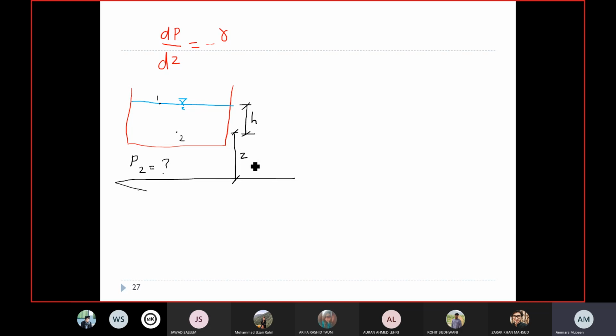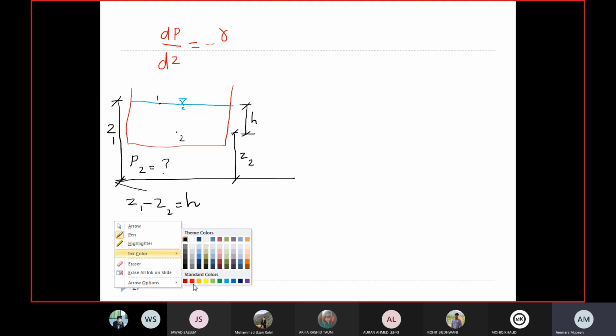That would be Z2 for this point, and Z1 for the other. And from this figure you can see that Z1 minus Z2 is equal to H. Okay. So now we have to use this equation to find out pressure at point 2.